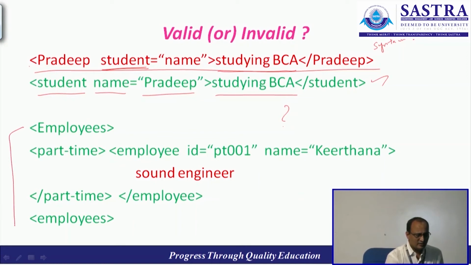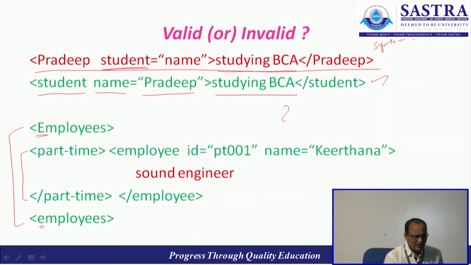Here, employees: the opening tag starts with capital E, and the closing element starts with small e. So this is an invalid XML element. I have tried creating part-time employee detail, with the first child being part-time, and only one child element for employees.